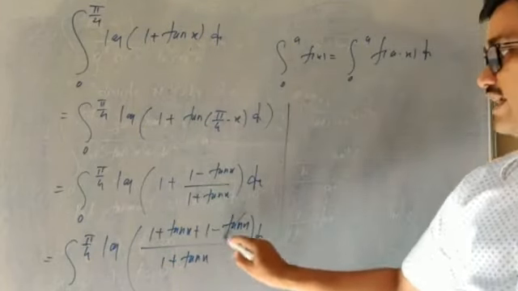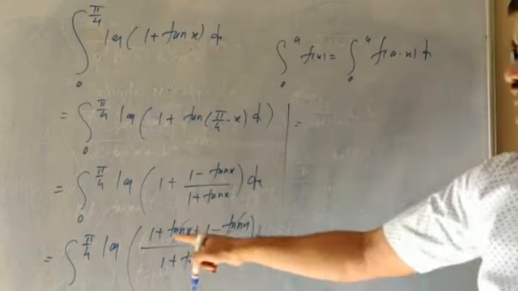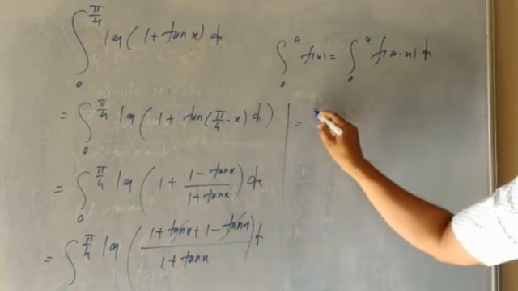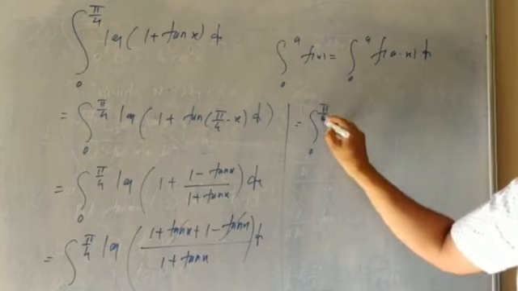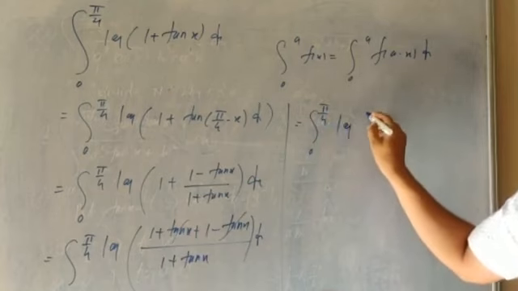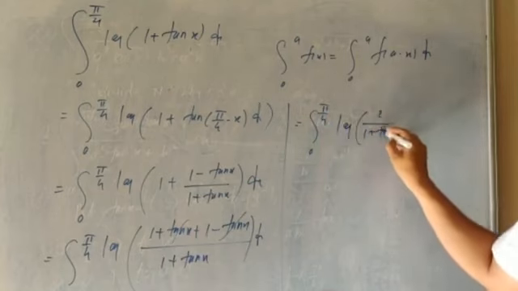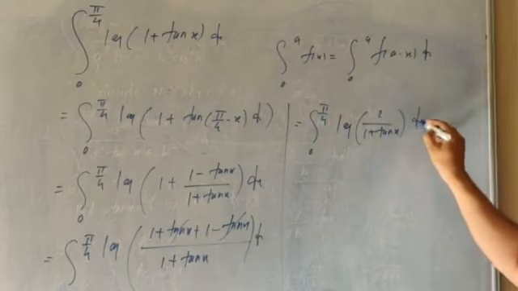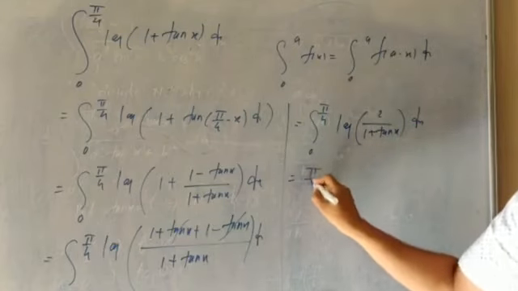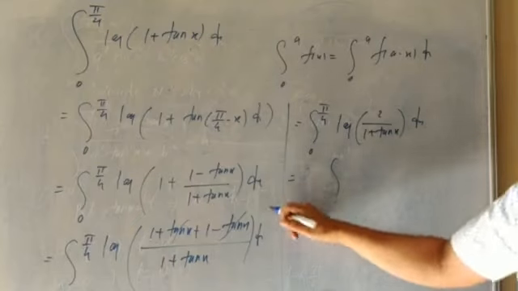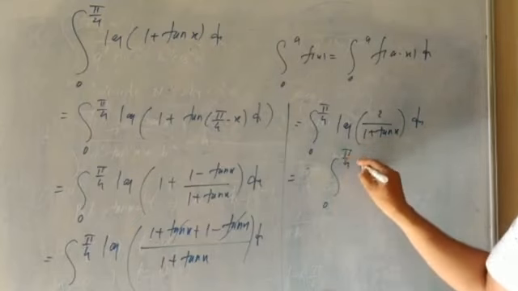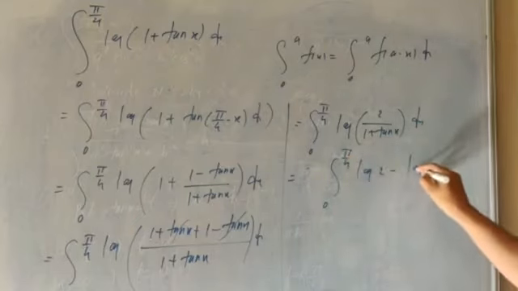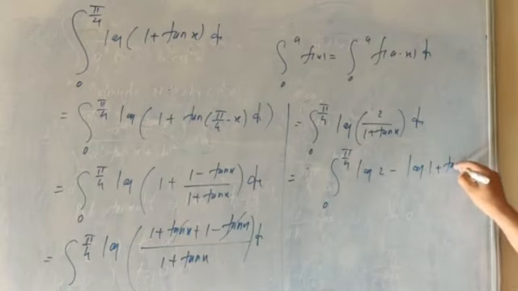The tan and tan go, and 1 plus 1 is 2, so this can be written as the integral from 0 to pi by 4 of log of 2 upon 1 plus tan x dx. This can be written as the integral from 0 to pi by 4 of log of 2 minus log of 1 plus tan x, using the properties of log.